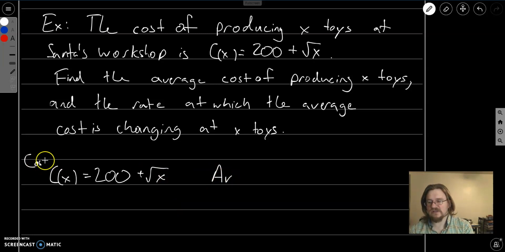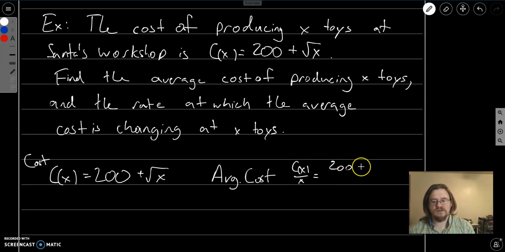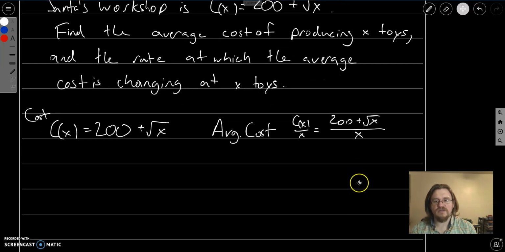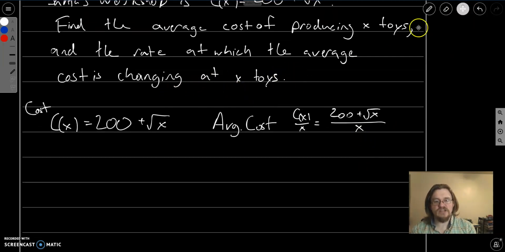cost is going to be c of x divided by x, which is 200 plus the square root of x over x. Cool. So that's the average cost of producing x toys, but what about the rate at which the average cost is changing?